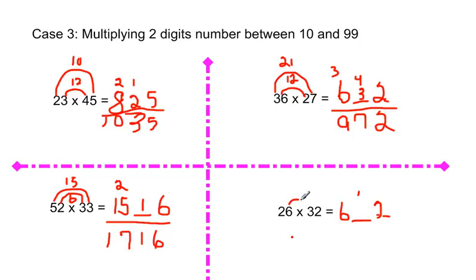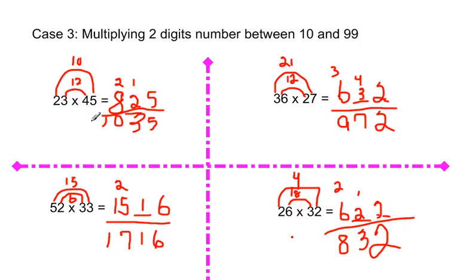Again, 6 times 3 is 18. And 2 times 2 is 4. And 18 and 4 is 22. So I'm going to put down this 2, carry this 2. And when I combine this, my answer is going to be 832.